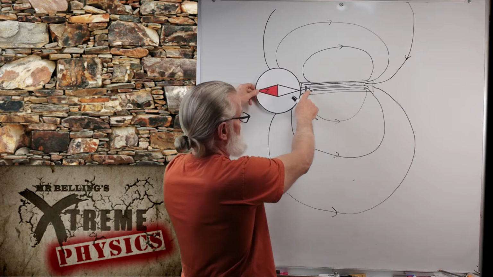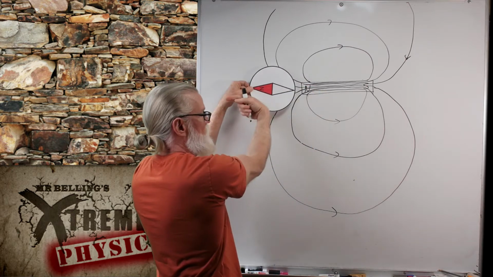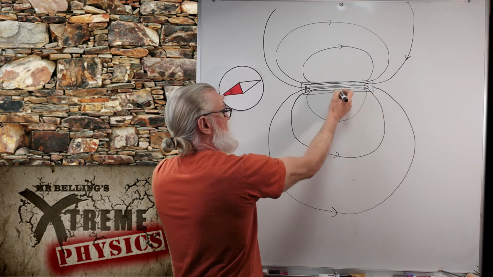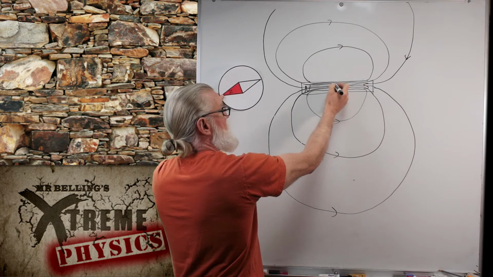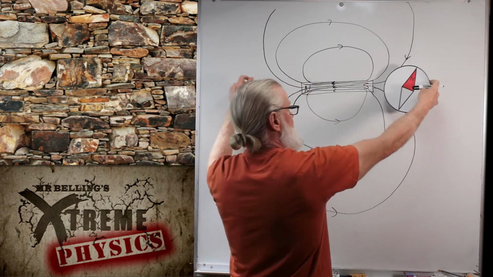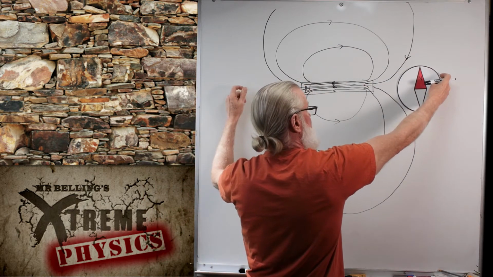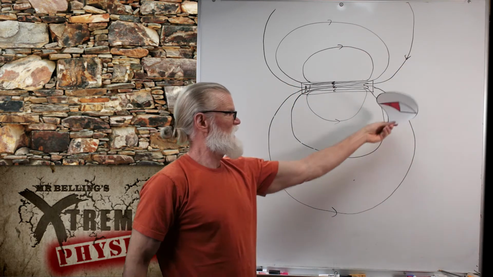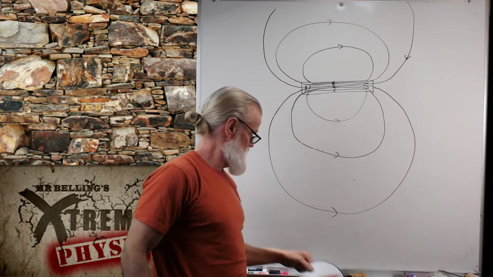South is going to attract to north, and the field is this way, right? Going through here, because when you come around, these fields are all pointed that way. And then at this end, if I were to put my compass here, it would point in like that, just like that.